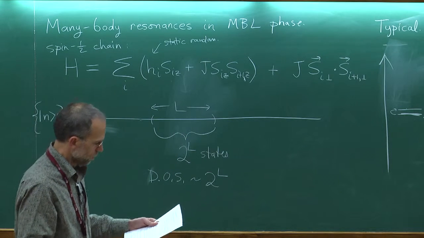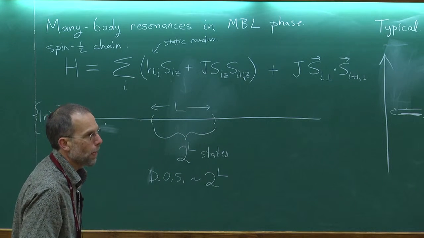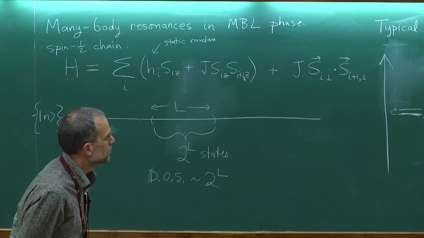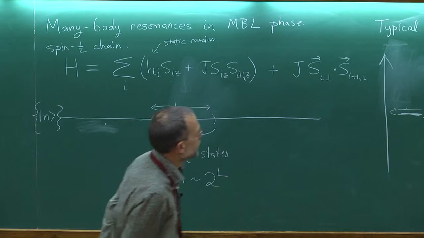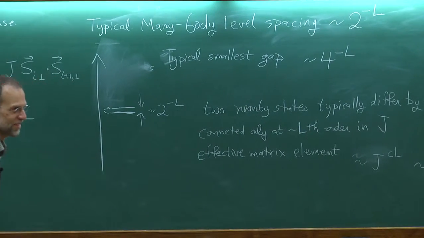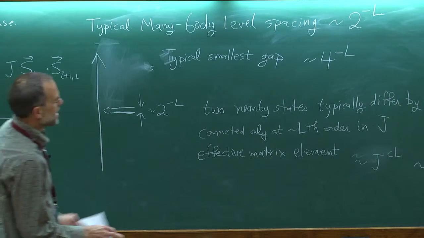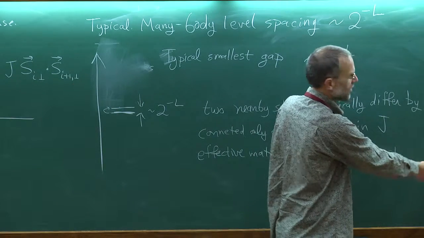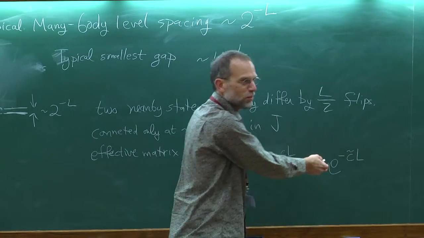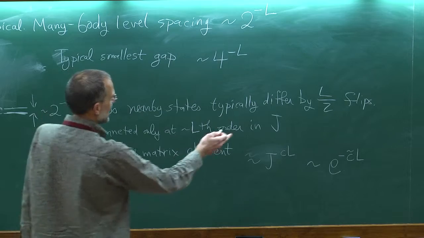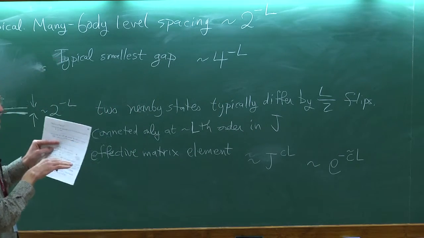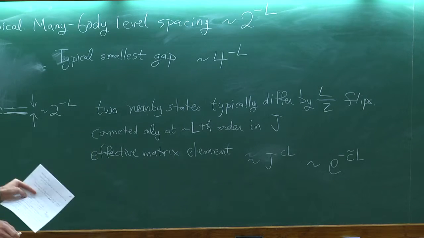Naively, why should you worry about resonances if the effective matrix elements are exponentially small with the system size? Because the gaps are exponentially small with the system size. Normally, when you do perturbation theory, you don't worry about high order terms if they're exponentially small. But in this case, by going to high order in perturbation theory, you can access exponentially many other states.